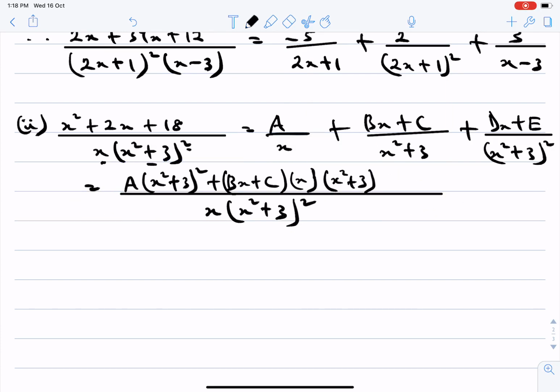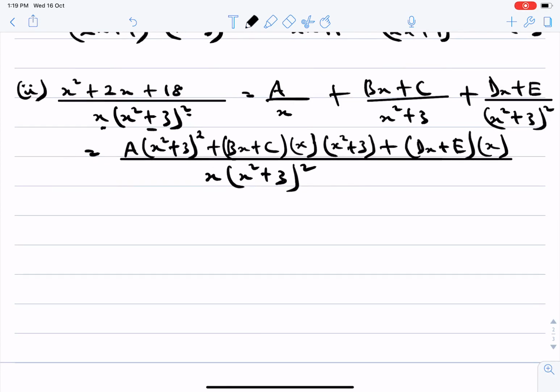So a times x squared plus 3 all squared plus bx plus c times x squared plus 3 plus dx plus e times x.